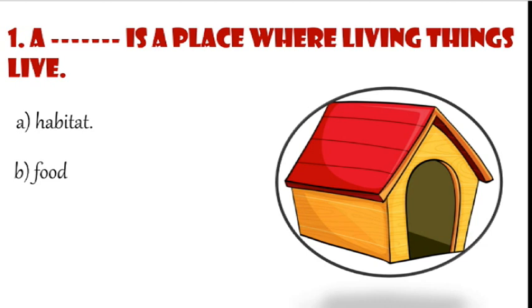So from the given A and B, which one do you think is the correct answer? Yes, it's A. Correct. So a habitat is a place where living things live. That includes animals and yes, humans.